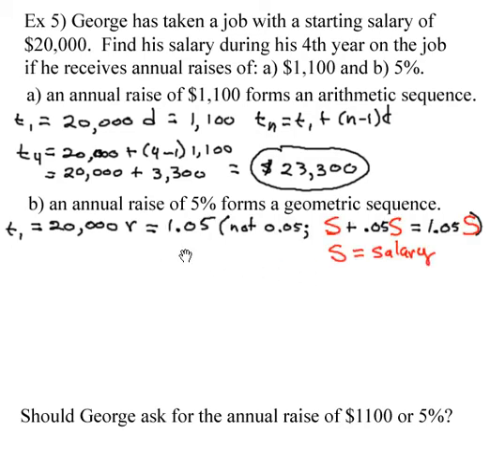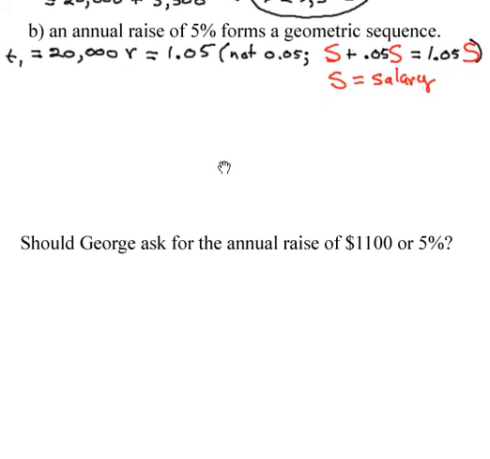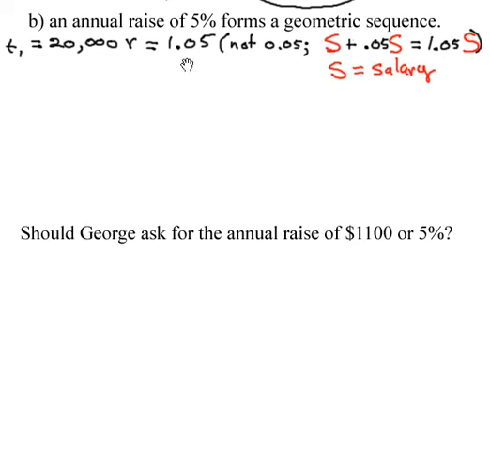Now, here's something I need to take a moment to explain. We are not going to use 5% for r. If we were using the compound interest formula that we learned in Chapter 10, that would be a good thing. We also still need to remember that percent is written as a decimal, 0.05. But what we need to keep in mind is that the common ratio is going to be 1.05.